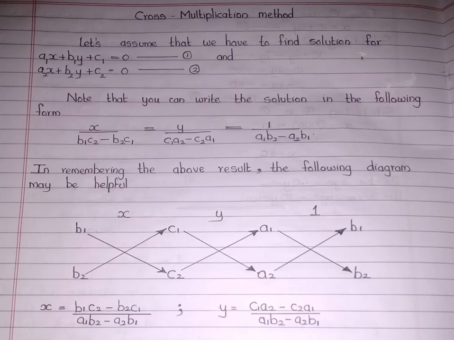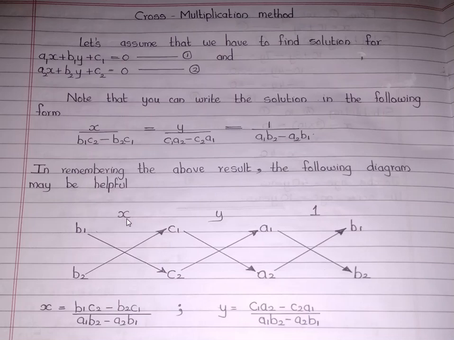All the numbers are from the first equation. In the second row, you will write b2, c2, a2 and b2. That is also b, c, a, b. In the first row, the coefficients of the first equation, and in the second row, the coefficients of the second equation. Then you are cross multiplying.